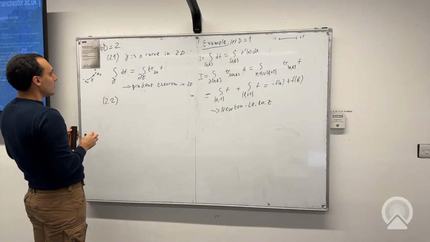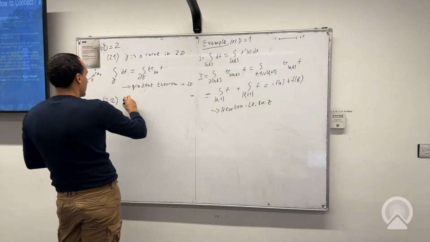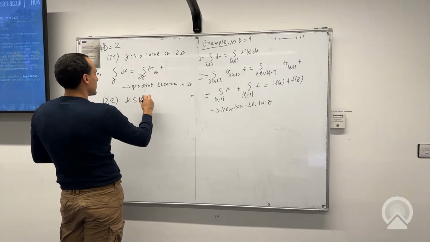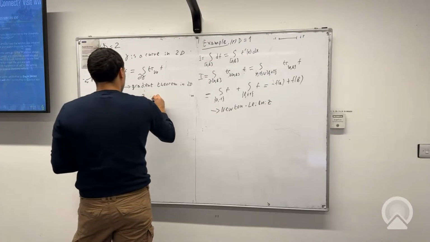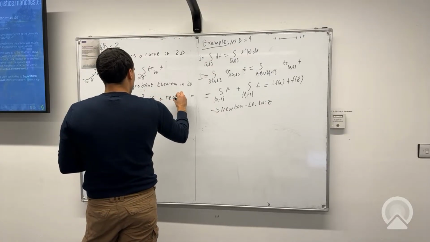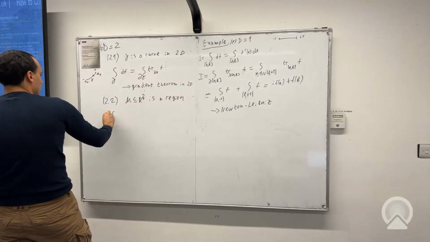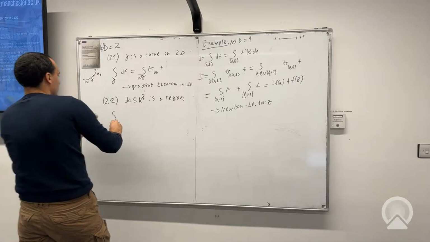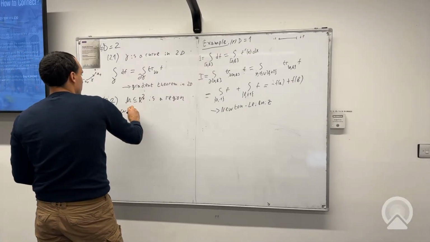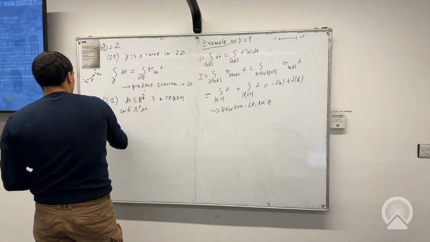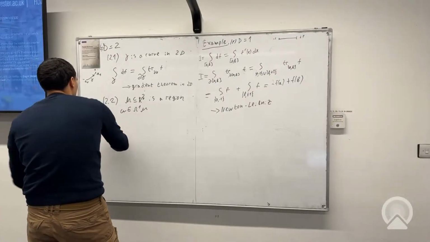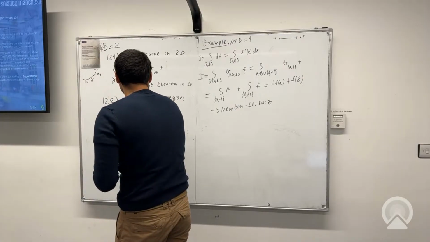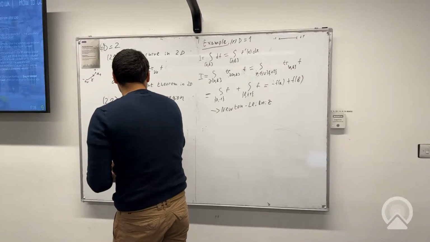Let's say M is a region and omega is a one-form. Then the integral over M of d omega is the integral over the boundary of M of the trace of omega.